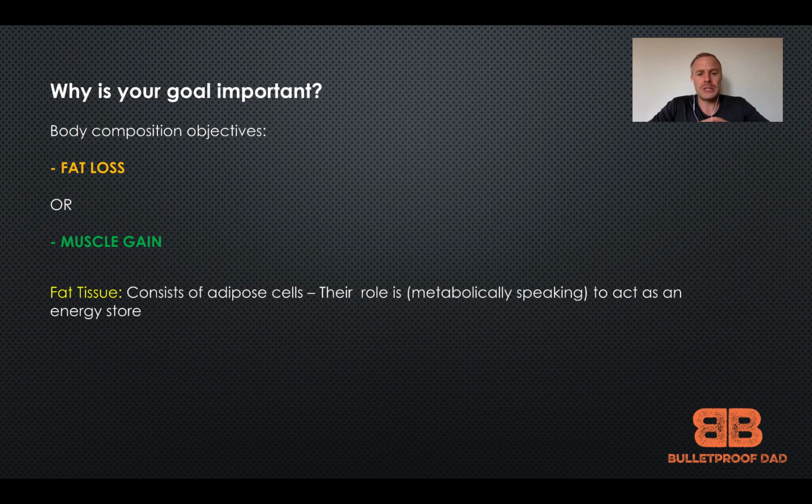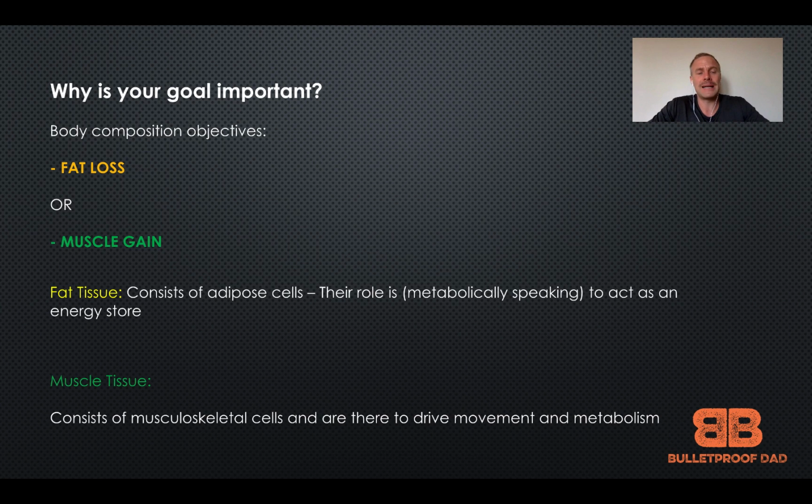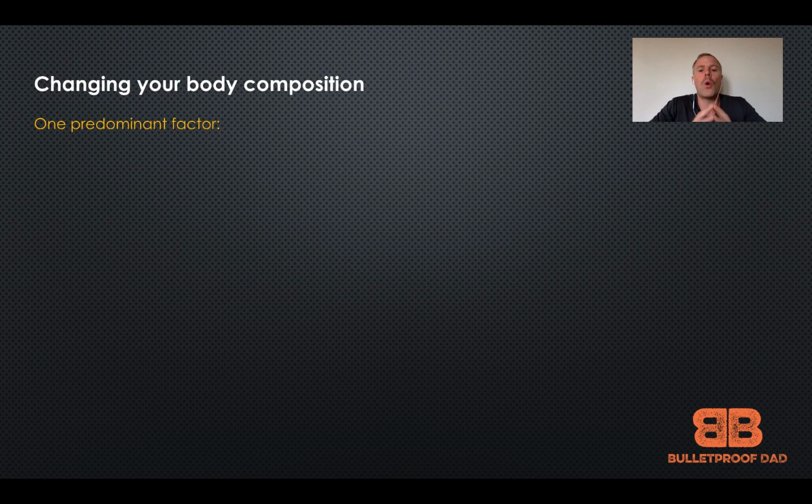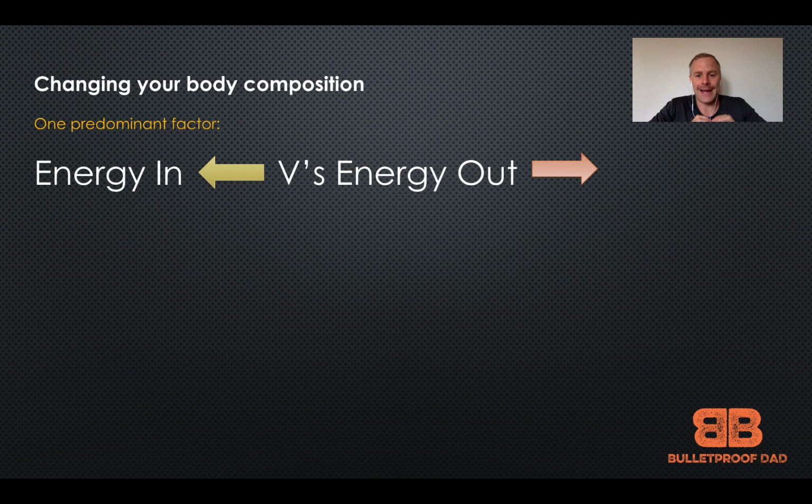Muscle tissue is what we call metabolically active tissue. These are musculoskeletal cells that are there basically to drive movement and metabolism. So think of muscle as the engine and fat tissue as an energy supply, a surplus energy supply, if you will. When you're changing your body composition, there is one predominant factor: energy in versus energy out.